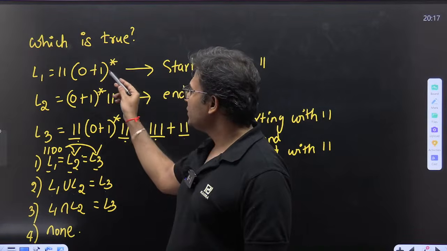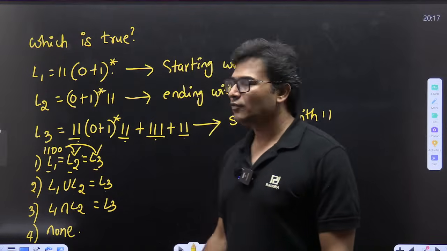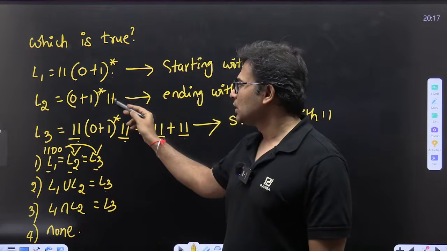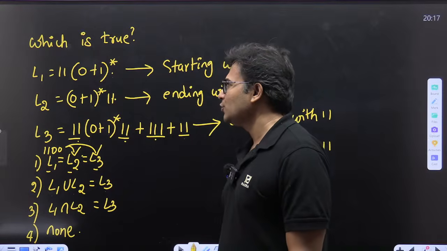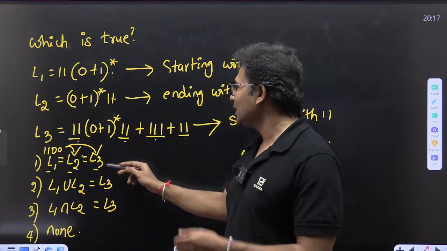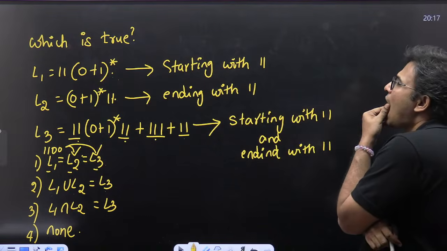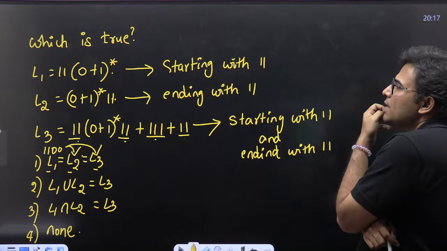If I union these two, will I get L3? L1 union L2 equal to L3 is the question.